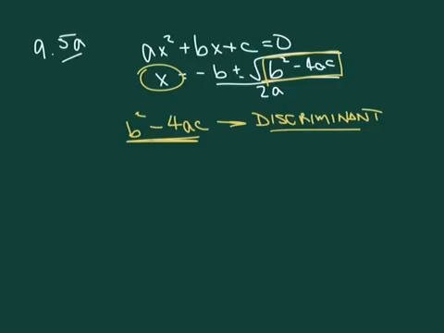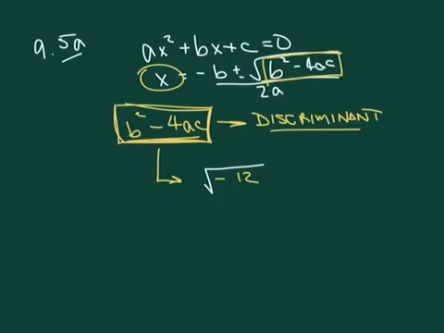So one of the things you have to be aware of is that sometimes this discriminant is going to be a negative number. So if we had a discriminant equal to, say, negative 12, then underneath this radical sign is a negative 12. And what do you do when you have a negative number under the radical sign? Because all this time we've said it doesn't exist.